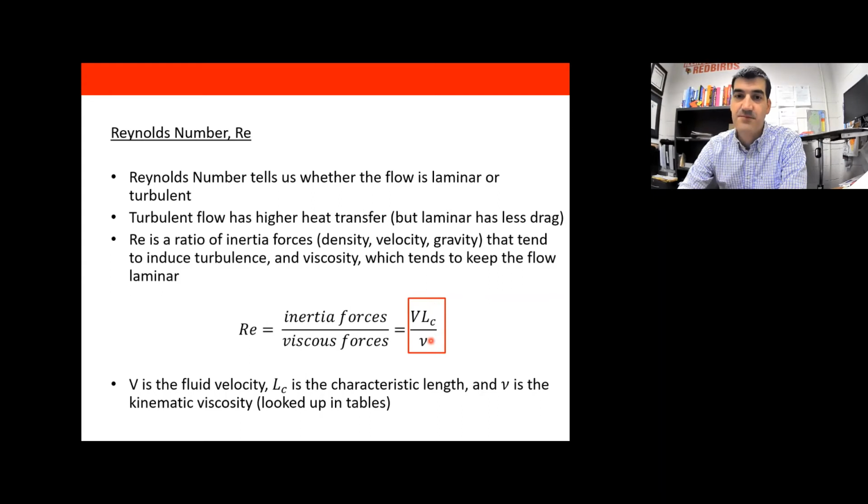This is called the kinematic viscosity of the material, and you could look this up in a table. V is the fluid velocity, L sub C is the characteristic length. And this is actually nu, the Greek letter nu. It looks like V, but it's not V. That's why it looks kind of italicized. That's the kinematic viscosity that you can look up in a table, or it might be given to you in the problem.